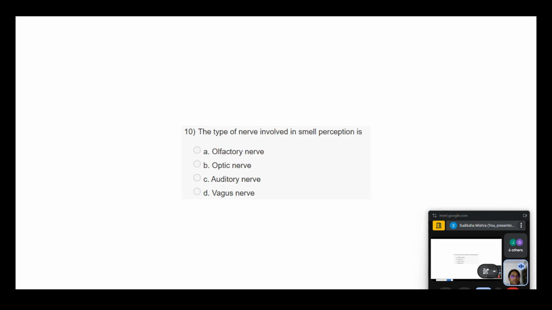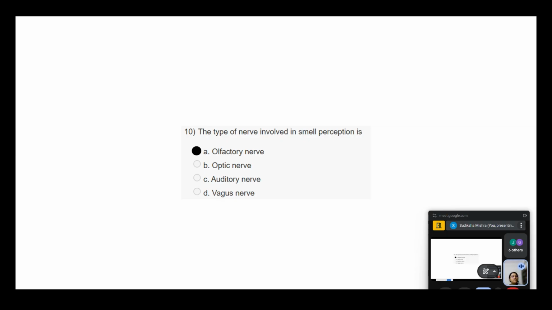Type of nerve involved in smell perception is: olfactory nerve, optic nerve, auditory nerve, or vagus nerve. The answer is olfactory nerve.